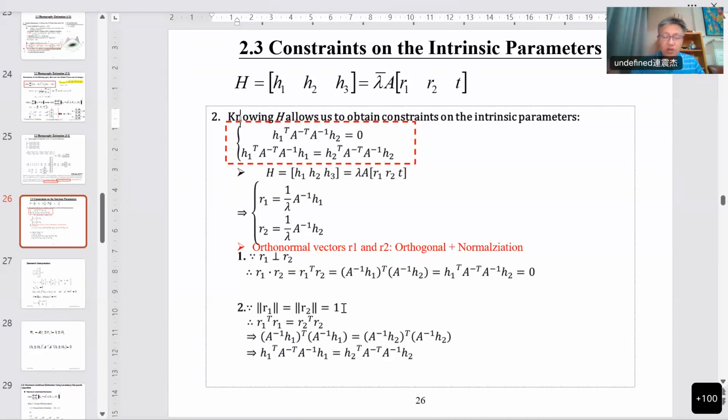Last time we talked about Euler angle. So that means R1 inner product R1 equals R2 inner product R2.